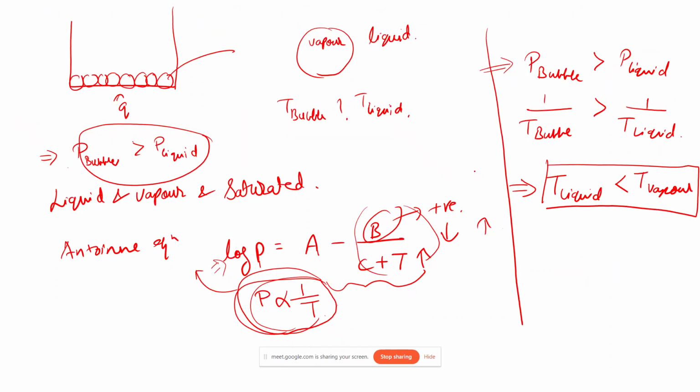We can use this correlation and find that the temperature of liquid will be less than the temperature of vapor. So we use the Antoine equation to find the relationship between pressure and temperature at saturation, and then correlate it with the temperature of liquid and vapor.